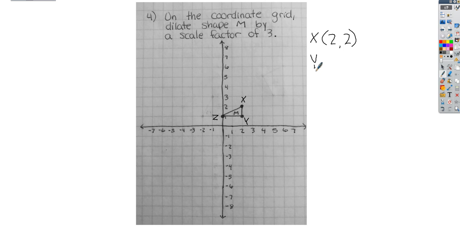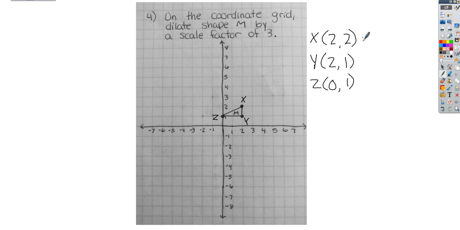For our Y value, we had to go over 1, 2, and up 1. And for Z, we had to go nowhere, so our X value is 0. We had to go up 1.